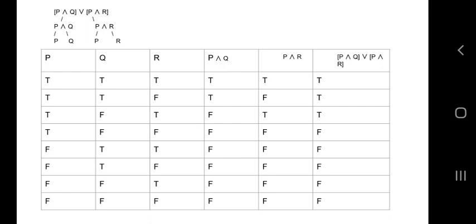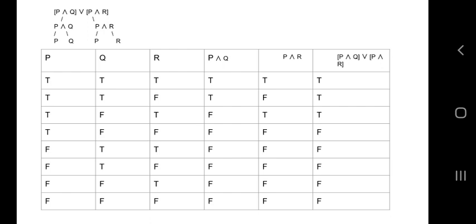If you take a look, both of them are false in rows 4, 5, 6, 7, and 8, so in those rows we put false. But in the first three rows, because at least one of the two formulas is true, the OR statement is true.